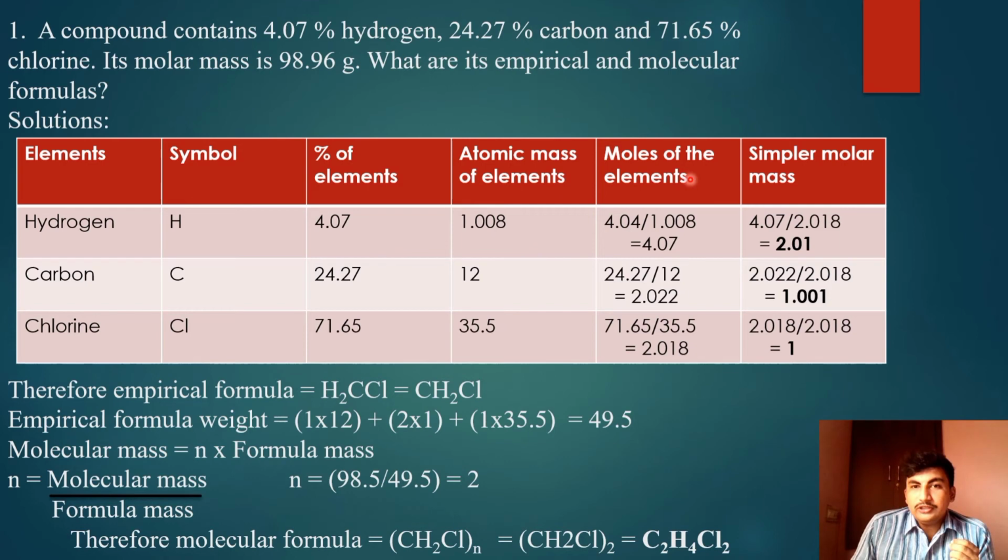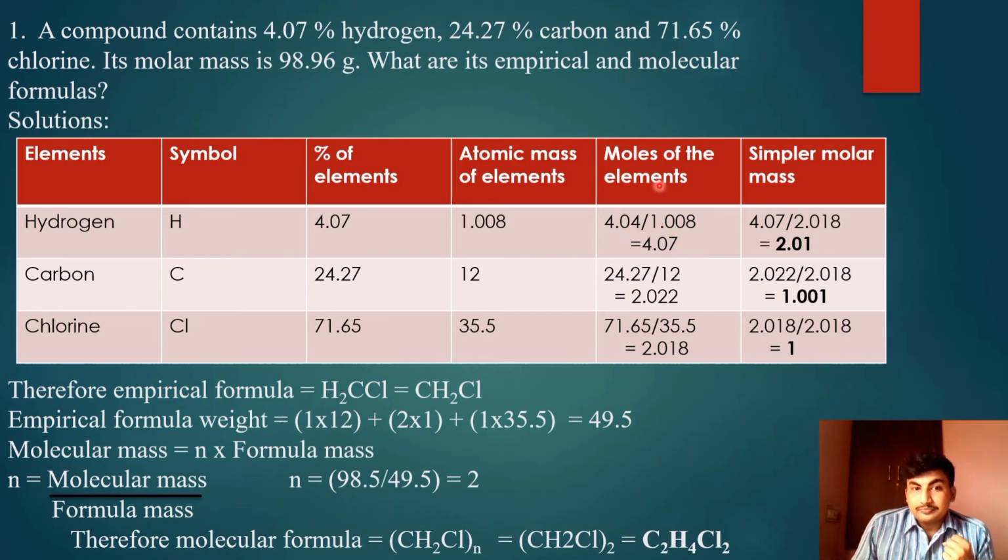Then the moles of the element. How to calculate moles of the element? That is the percentage of the element divided by the atomic mass. That will give the moles of that element.